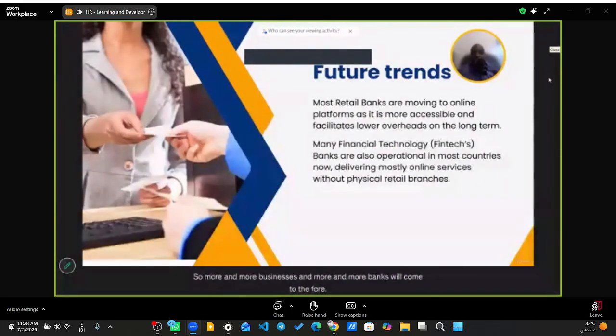So more and more businesses and more banks will come to the fore, financial institutions providing retail banking services, in my opinion, going to the future. Many financial technology banks are also operational in most countries now, delivering mostly online services without physical retail branches, like we said.